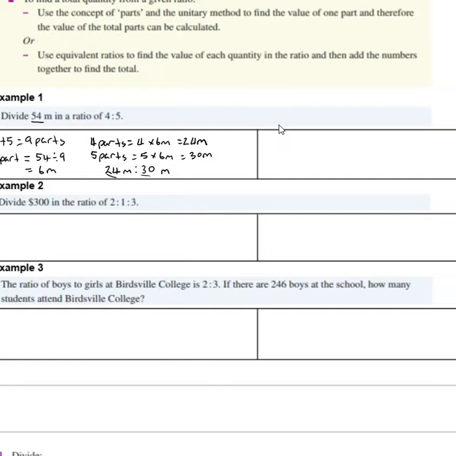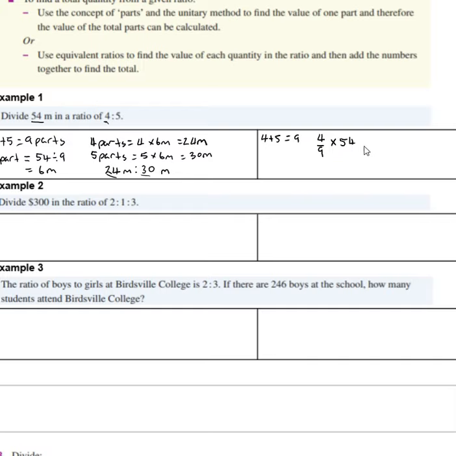Now, let's show you the fraction way. Again, we have 4 to 5, so it's important to understand that we have got a total of 9 parts in the ratio. And the first number in the ratio represents 4/9 of the total. So the 4 represents 4/9. So we just simply have to find 4/9 of 54.